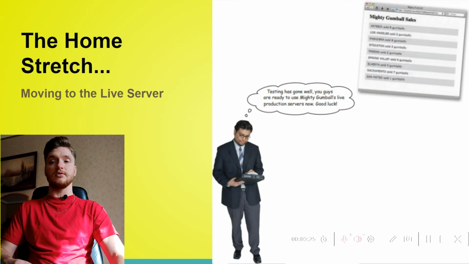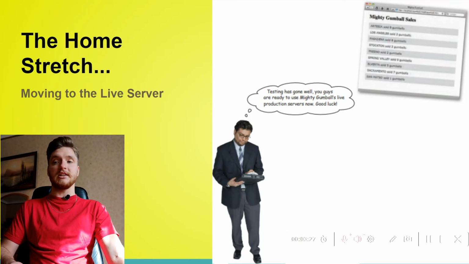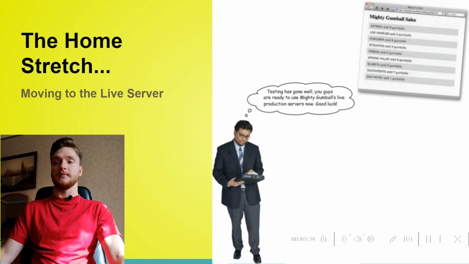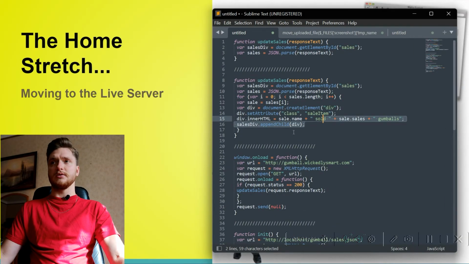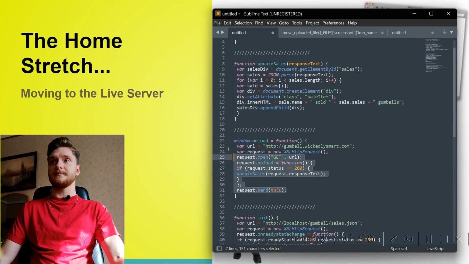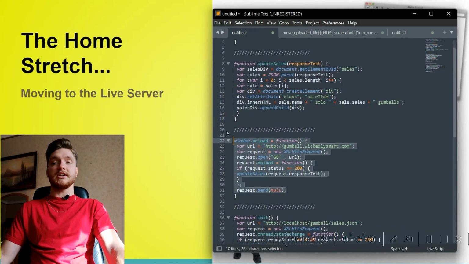We need to update the URL that XMLHttpRequest is using and change it to point to Mighty Gumball. Let's do that. So let's look again in Sublime Text. There is their server URL. Change this and make sure it's saved.